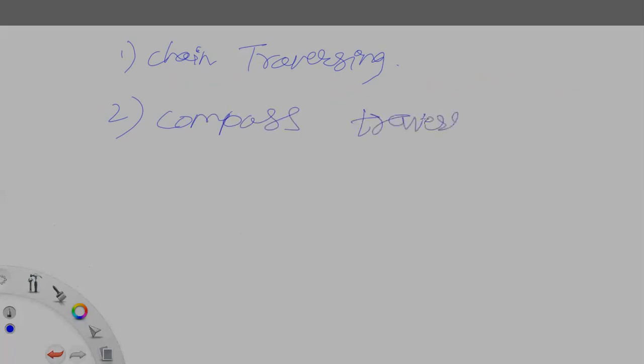First came chain traversing. After chain traversing, you have compass traversing. On third number, you have the fast needle method of traversing.